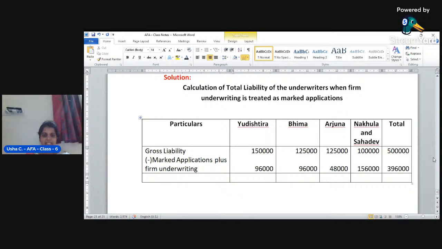Okay, now take the difference of this. It is 54,000, then 29,000, 77,000, then it is minus 56,000.